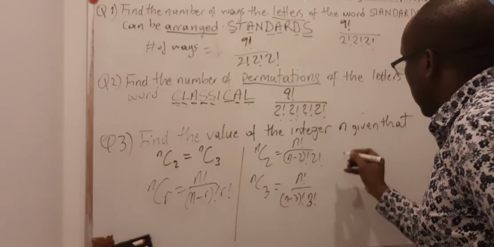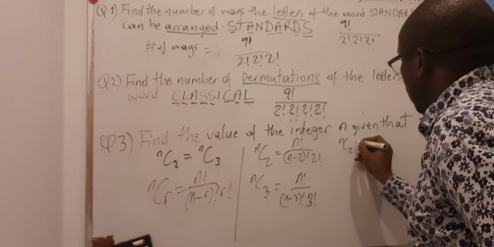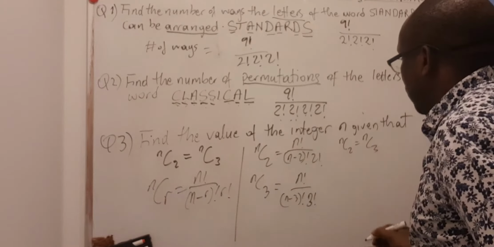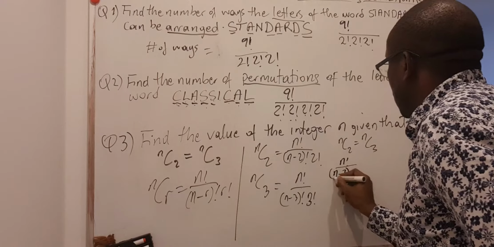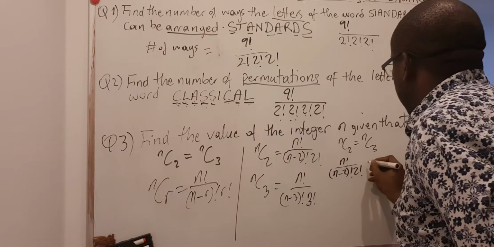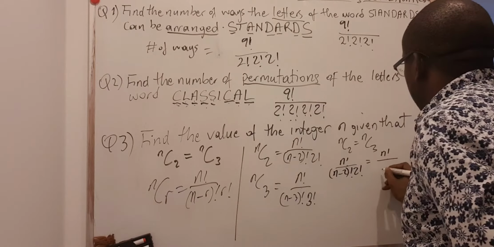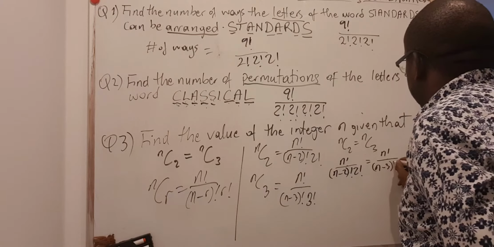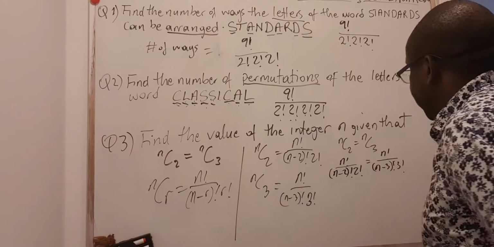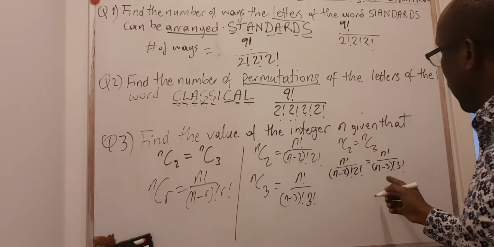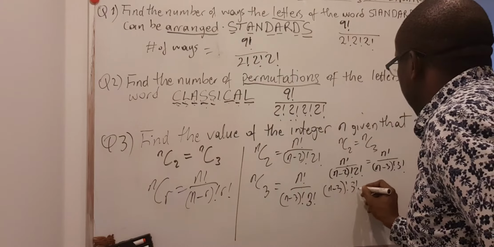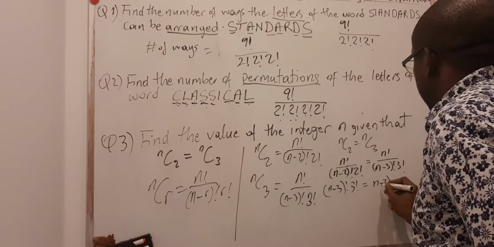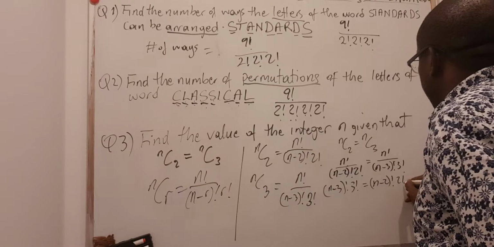If these two are equal, so n combination 2 is equal to n combination 3, that means n factorial all over n minus 2 factorial 2 factorial should be equal to n factorial all over n minus 3 factorial 3 factorial. The n factorials fall off, so actually I get n minus 3 factorial 3 factorial is equal to n minus 2 factorial 2 factorial.